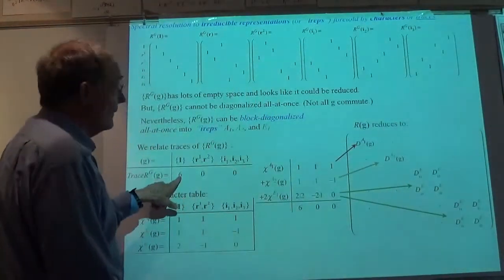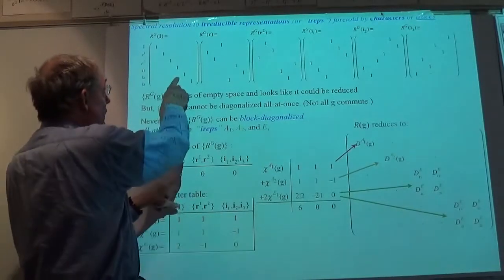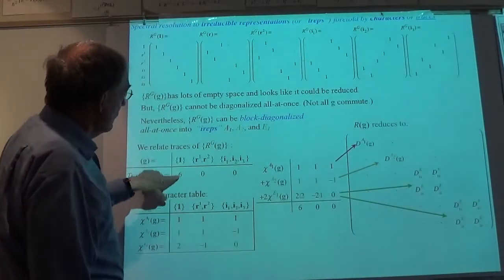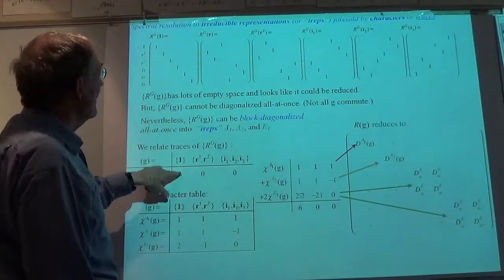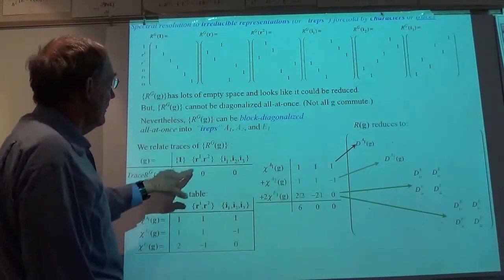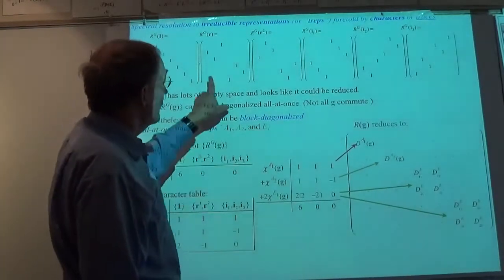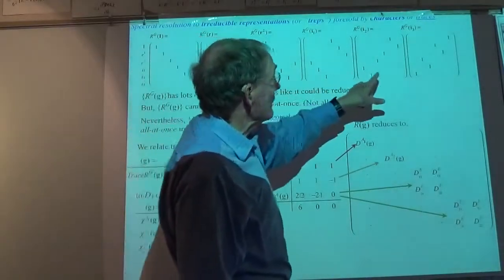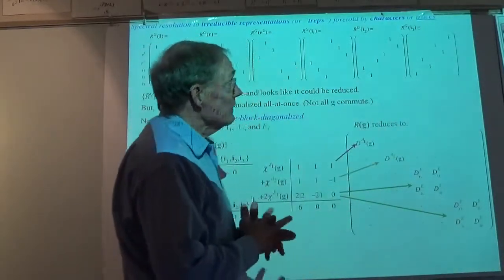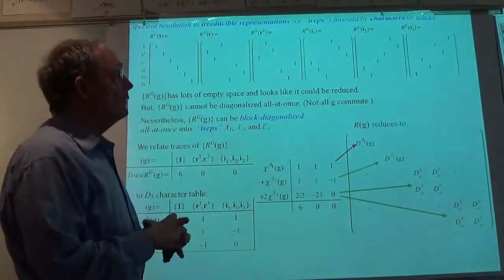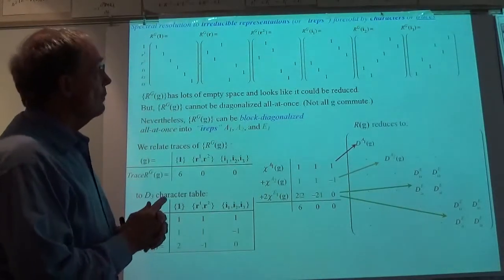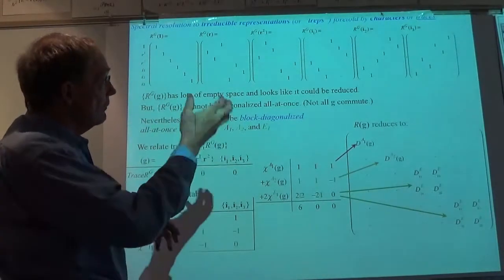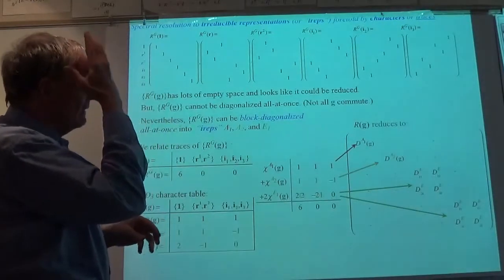Well, the only one that has a trace is this one. So all of the, shall we say, the trace power is concentrated in the unit. None of the other elements has any trace at all, right? And that has to do with the fact that no two elements in any group table are repeated.